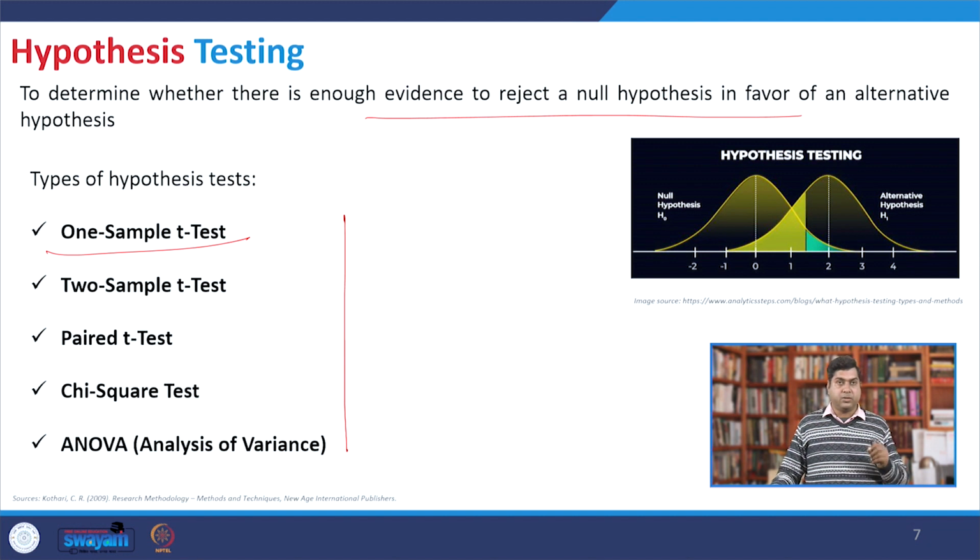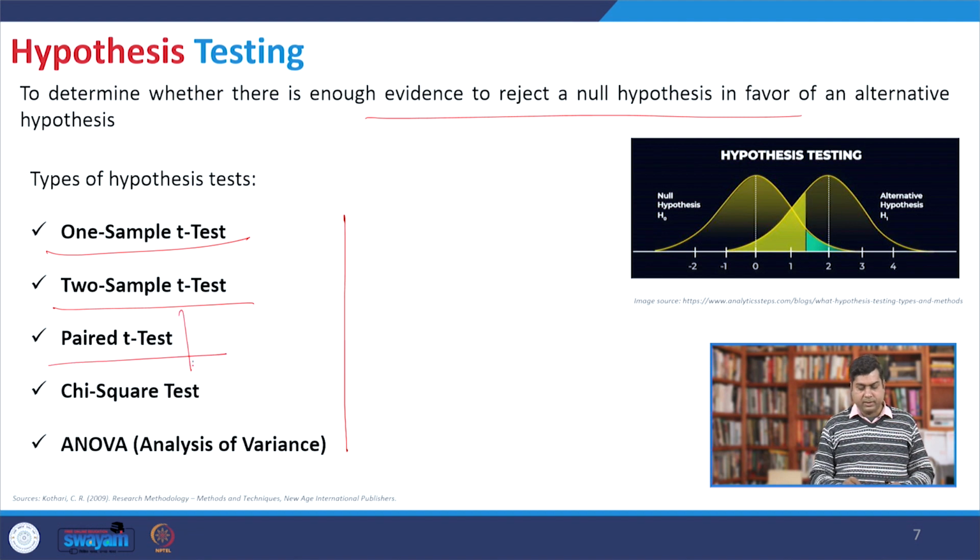Because we are going to discuss it in detail in a subsequent presentation, we are not discussing much in this particular slide. It may be a two sample t-test where two separate samples can be taken into consideration.